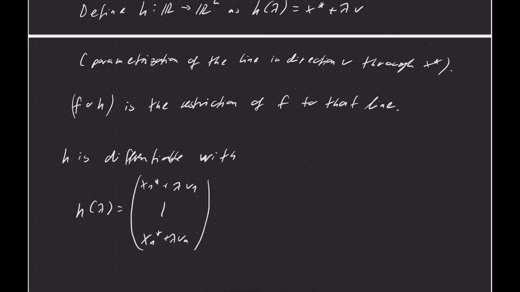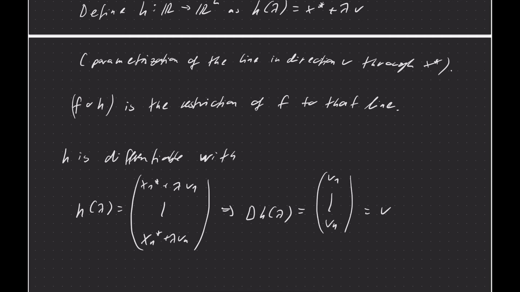So those are the coordinates of h. And that means the differential of h at some point lambda, we'll just differentiate each of these functions here. And what we get is v1, v2, and so on down to vn. So the differential of h is precisely the vector v.